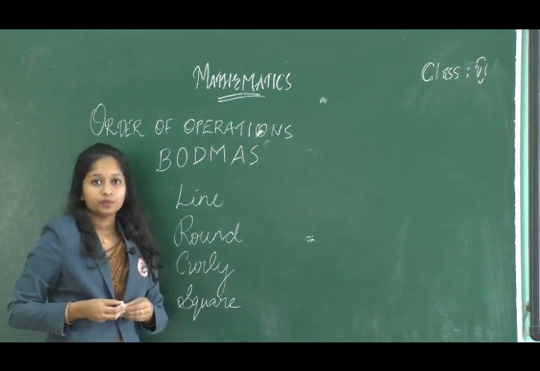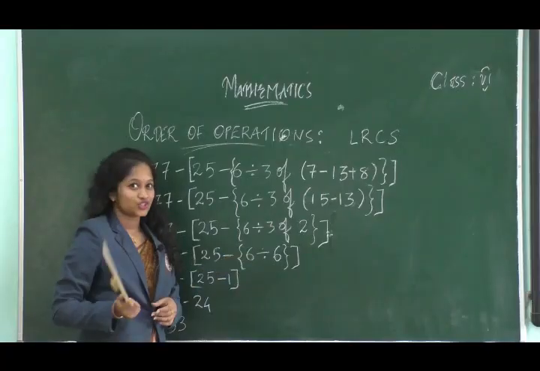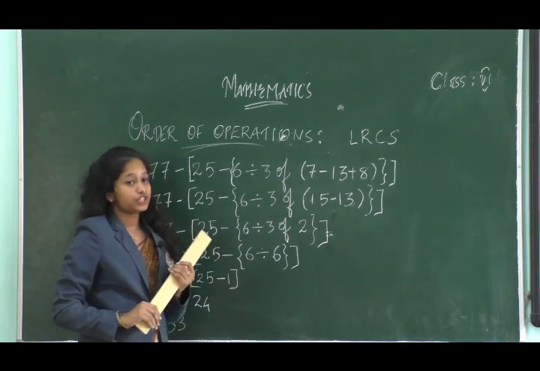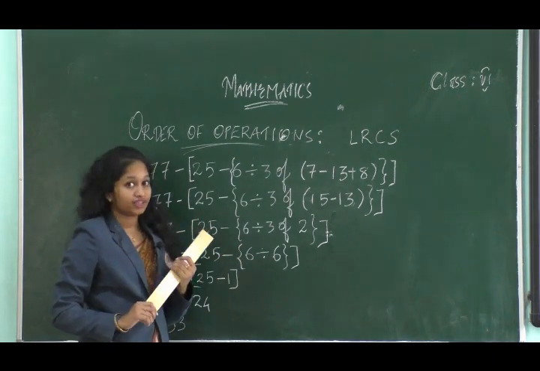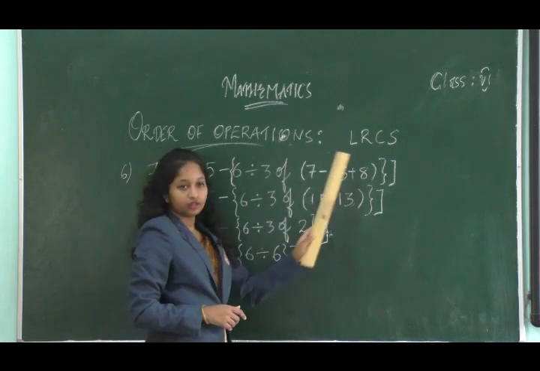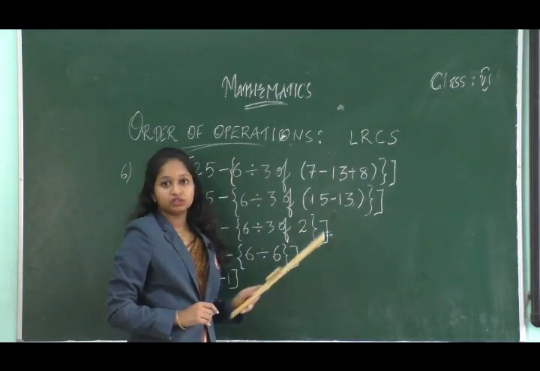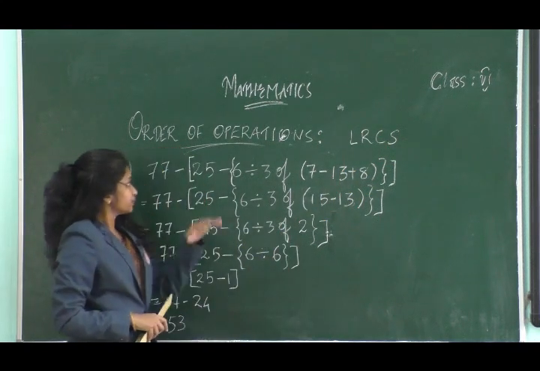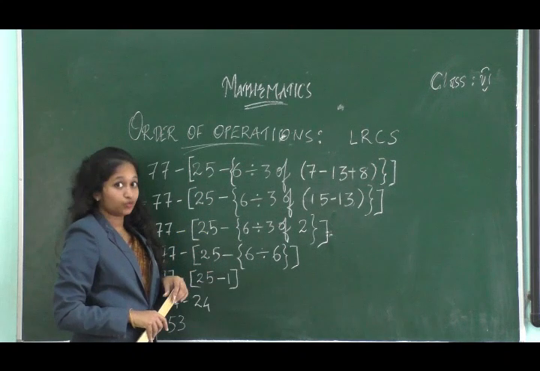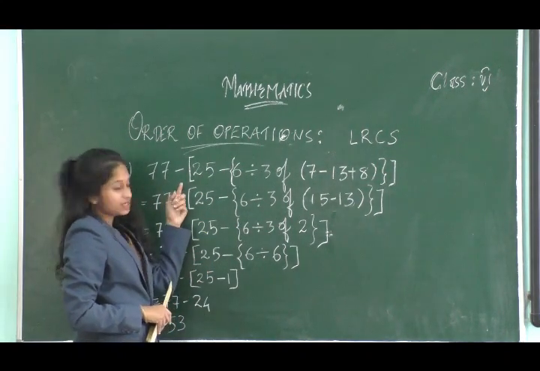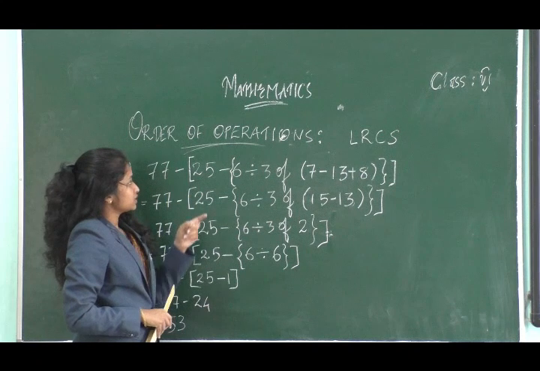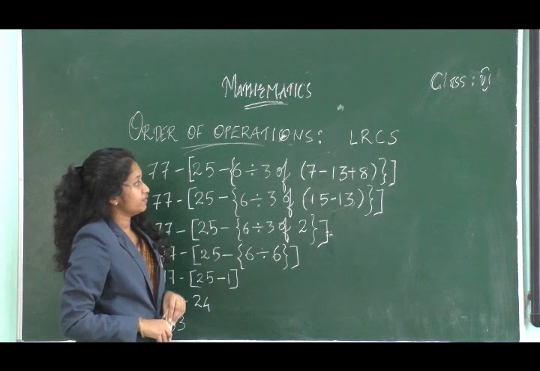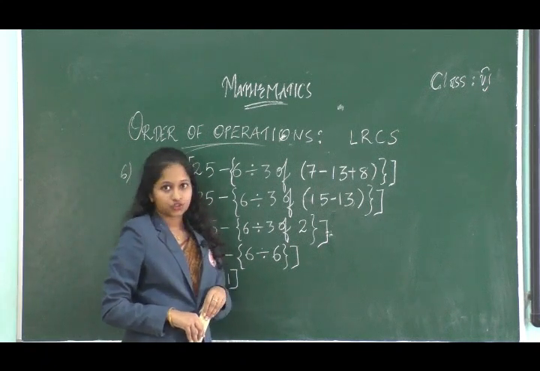Now I'll do a problem so that you will easily understand. So children, you have to listen carefully. I have already told the order of brackets is first line or vinculum, then round, curly, and then square. So here can you see a question, a big question? The question is 77 minus 25 minus 6 divided by 3 of 7 minus 13 plus 8.